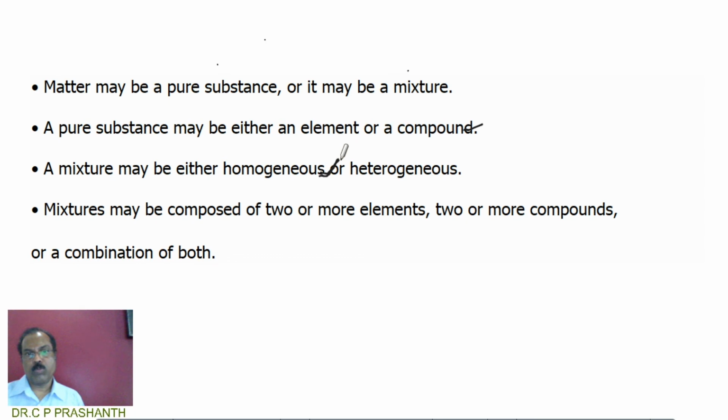This is how mixture is classified. And a mixture may be composed of two or more elements, or two or more compounds, or a combination of both, element plus compound, any number of elements and compounds.